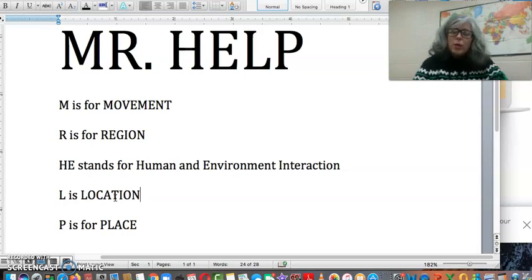Okay. Also, place is an element of our themes. Place can be a natural part of the environment. It can be a man-made part of the environment. Place can overlap with the location that you're talking about. It can overlap with the human environmental interaction, especially if it's man-made.